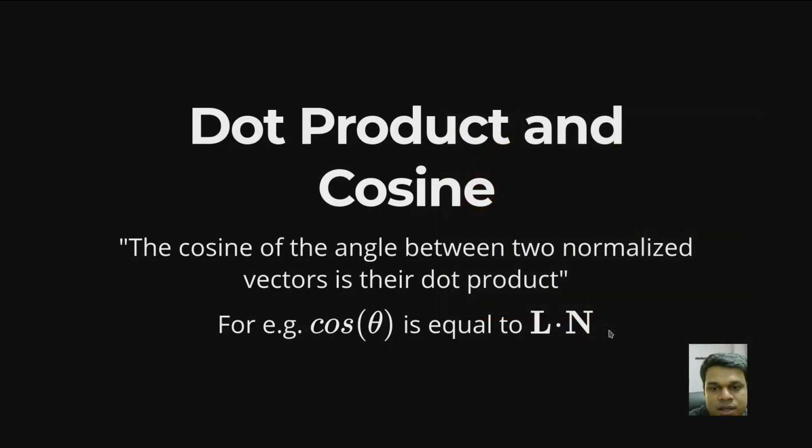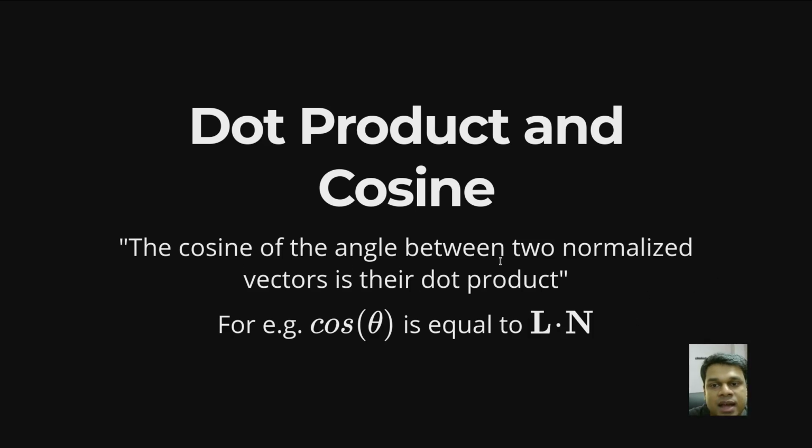Now, in case you're wondering, we are actually dealing with vectors here. So the normal is a vector, the light falling is a vector. There is no need to calculate cosine because we already have another function which is called dot product. Now, why are we talking about dot product? There is a relationship between dot product and cosine.